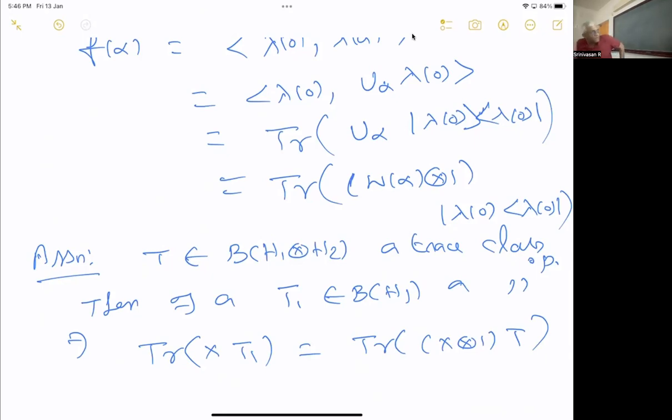If you have a big operator on H1 tensor H2, you can trace out over one Hilbert space, H2.